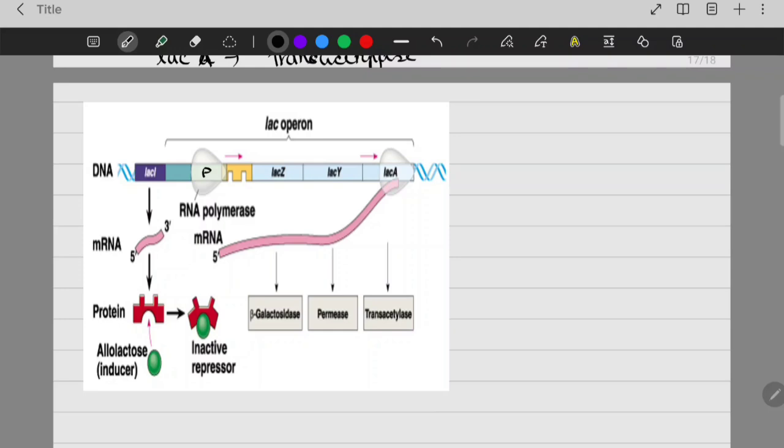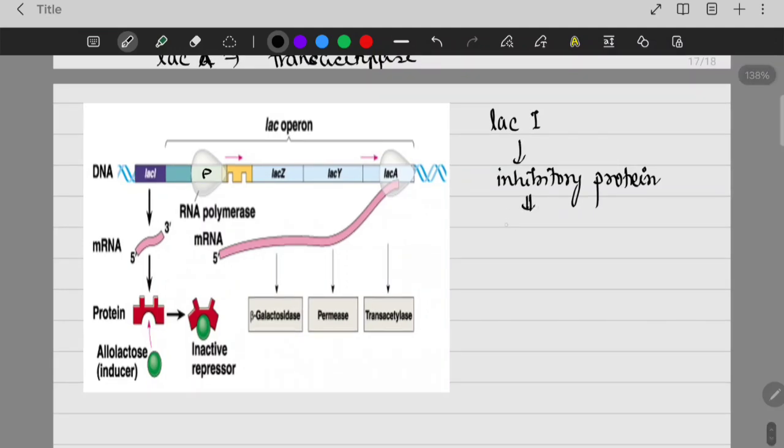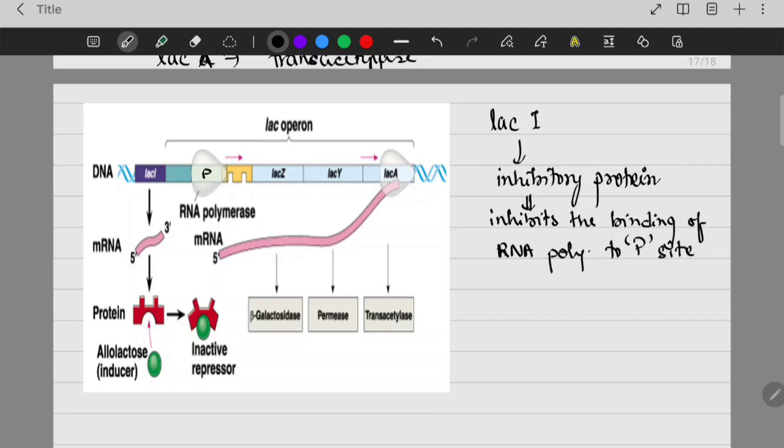Okay, so what is the concept? Lac I means the inhibitor. Inhibitor means inhibitory protein. Lac I has the inhibitory protein. This inhibitory protein always inhibits the RNA polymerase from binding in the promoter region. Okay, if I write this function, it inhibits the binding of RNA polymerase to the P site, or the promoter site.